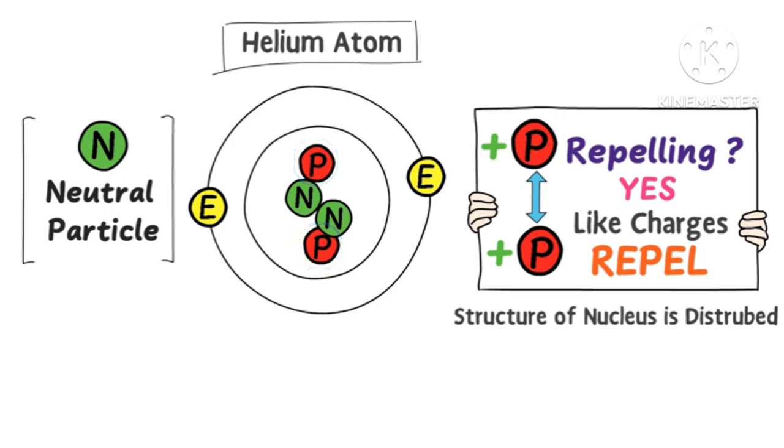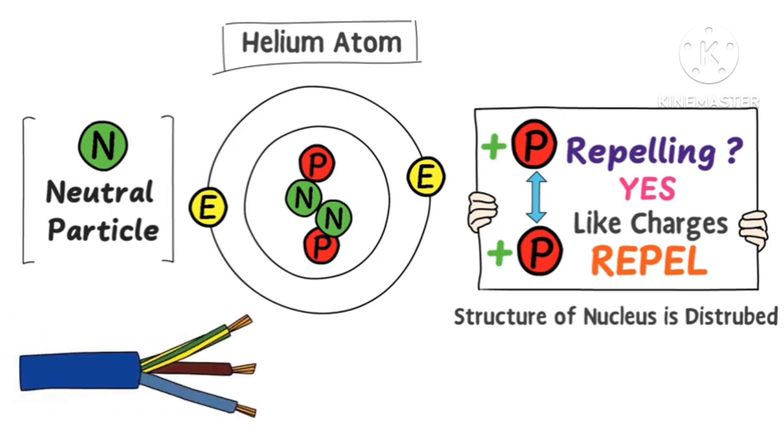You can also understand the function of neutrons in the nucleus by considering 2 current carrying wires touching each other, but they are protected by the plastic insulation. Similarly, these neutrons act as a plastic insulation between or among positively charged protons. So in this way, repulsion among positively charged protons is minimized inside any atom.